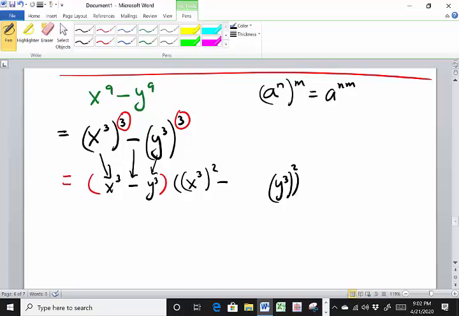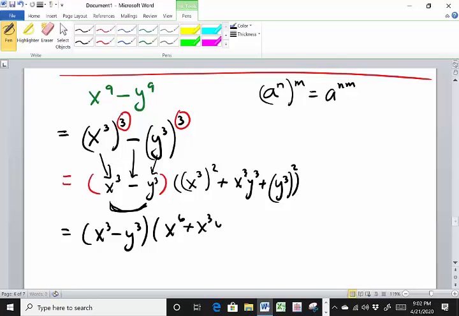And it's always going to be plus now because it's x minus, so it'll be plus, plus, plus. So plus, you multiply these two together. So it's x cubed times y cubed is x cubed y cubed. So there's all of our plus signs. Alright, so let's simplify this. So this is x cubed minus y cubed. And this is x to the 6th plus x cubed y cubed plus y to the 6th.